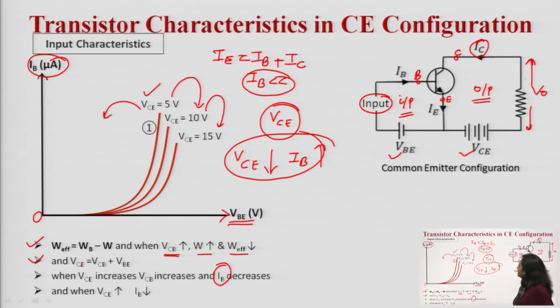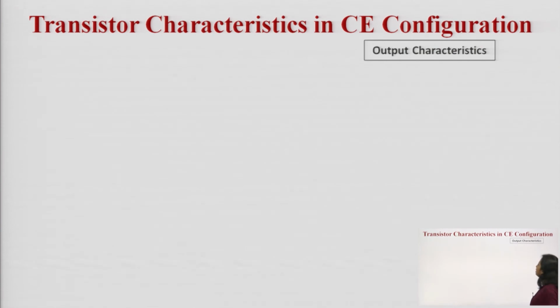Now, let us see the other case, which is the output characteristic for the common emitter configuration. What do you mean by the output characteristic curve? Recall the output section. This is a common emitter, so it is in between the emitter and collector terminal.